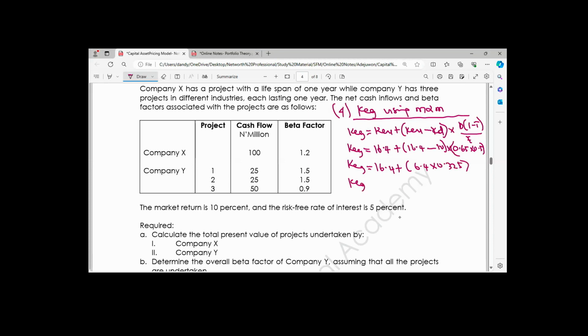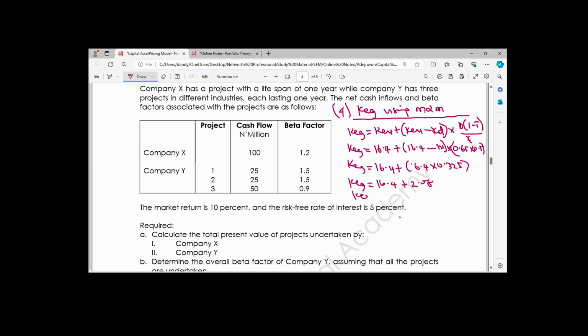Therefore, 0.325 multiplied by 6.4 equals 2.08. Here is 16.4 plus 2.08.